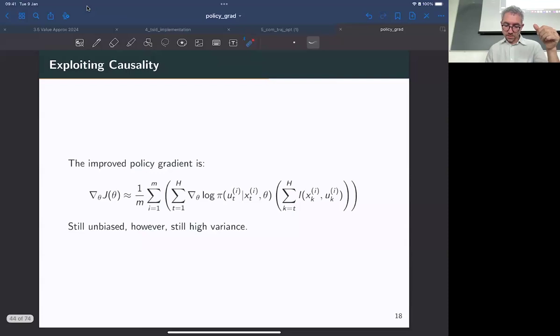So the improved policy gradient is this one, and it looks very similar to the previous one. The only difference is that now for changing the probability of the action I've taken at time t, I'm only going to use the cost starting from that time until the end of the episode instead of the total cost of the whole episode, which makes a lot of sense.